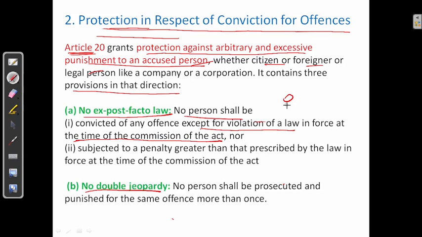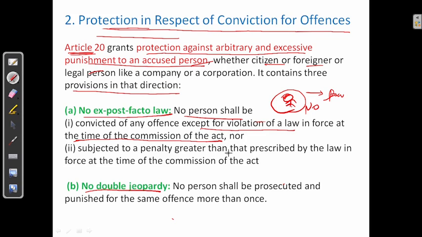For example, if a person committed some crime, and we know that it is an offence, but at the time he committed it there was no law to punish him, then he will not get punished. Though we know it is an offence, there is no law, so this person is not punished.